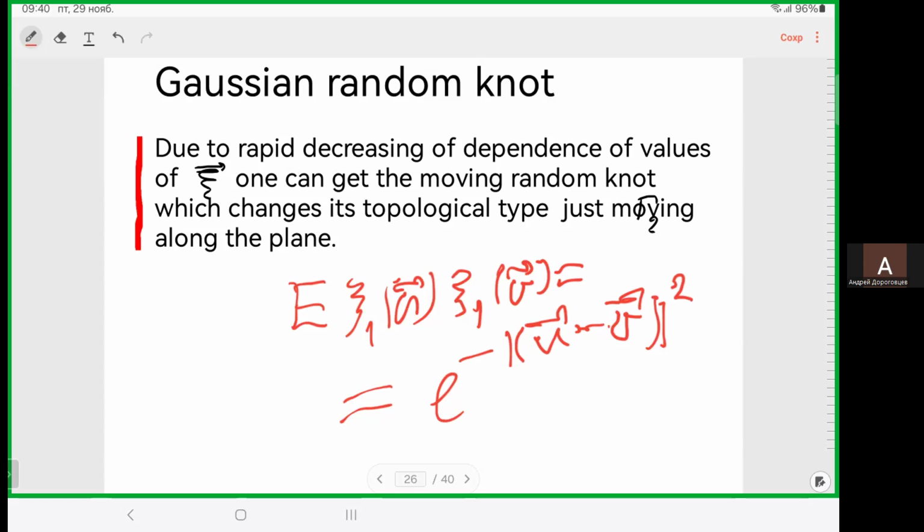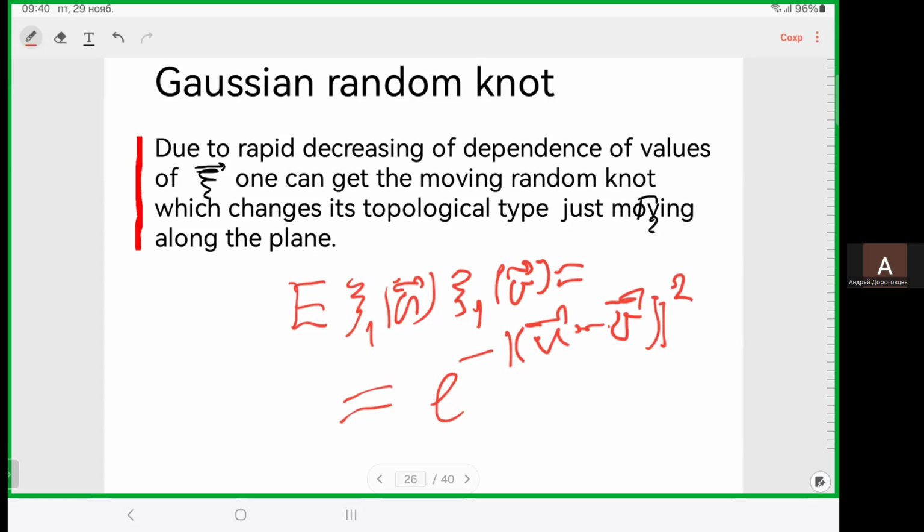This means that it changes its topological type during the motion. Moreover, as we have seen, the change cannot happen at a deterministic moment of time, because at a deterministic moment of time we have no self-intersection with probability 1.